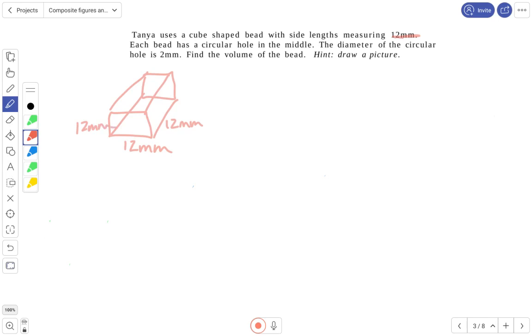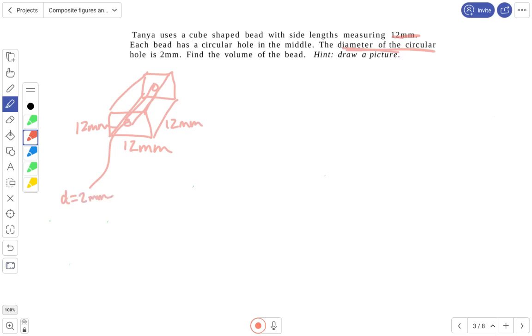Okay, it says each bead has a circular hole in the middle. So if I think about making a necklace with a bead, there's going to be a hole in it, and it's going to go from one end to the other end. And that makes a cylinder. All right, it says the diameter of the circular hole, because I wrote it kind of small, the diameter is 2 millimeters.